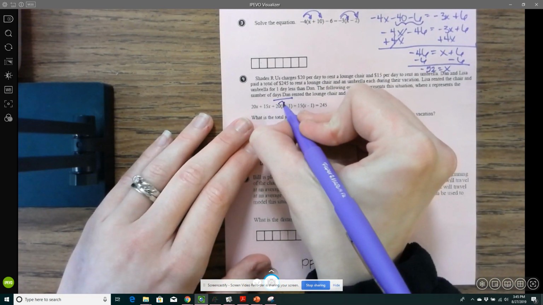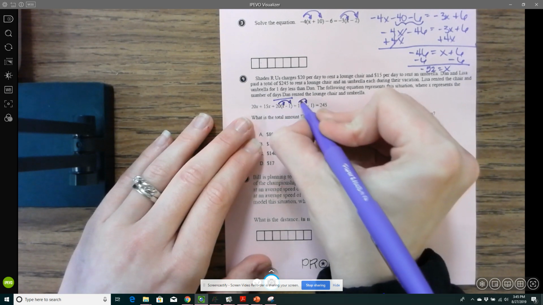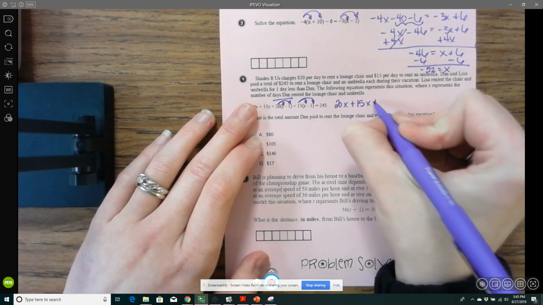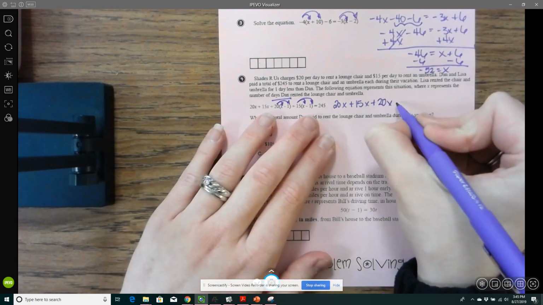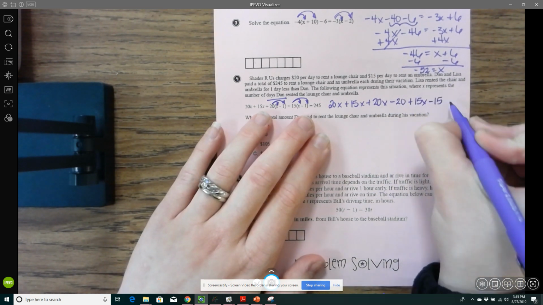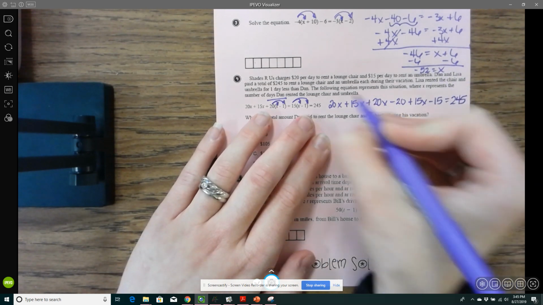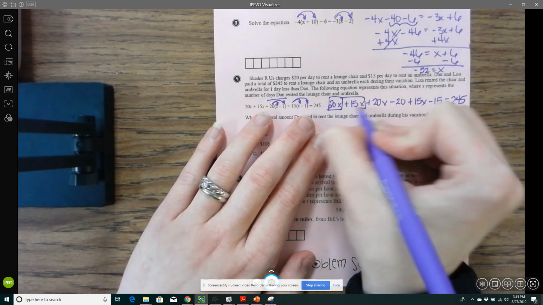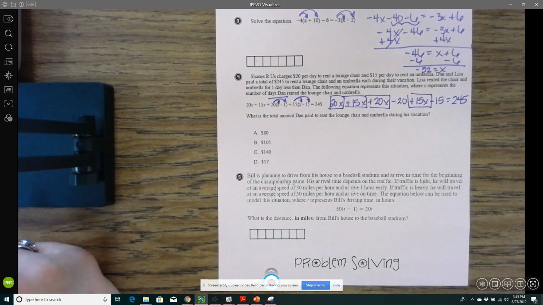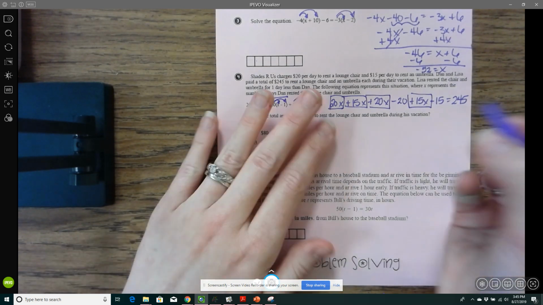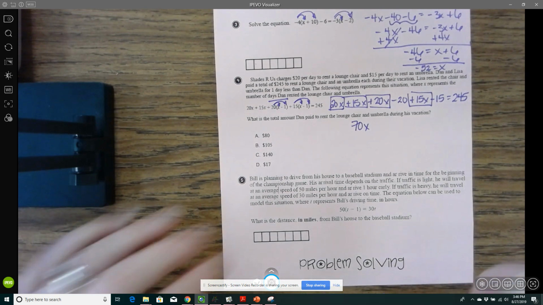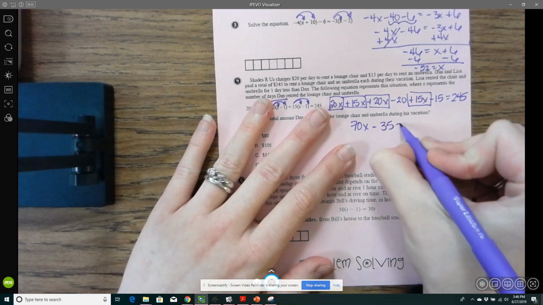So we're going to distribute. So we've got 20x plus 15x plus 20x minus 20 plus 15x minus 15 equals 245. So I got a lot to combine here. So I've got 20 plus 15 plus 20 plus 15, which is 70x. And then I've got a negative 20 and a negative 15, which is a negative 35.